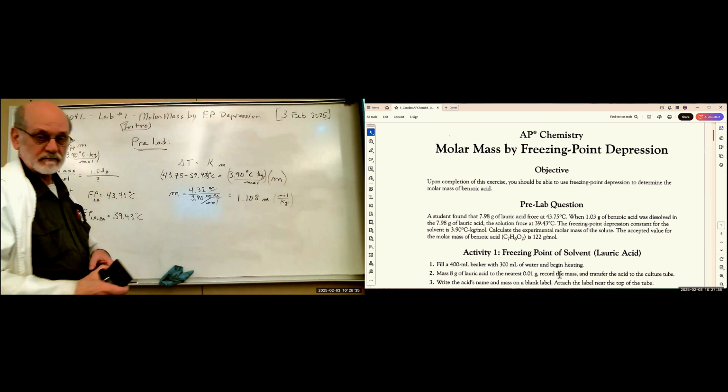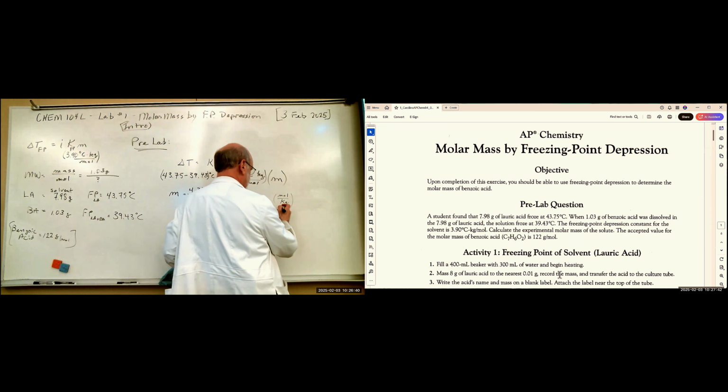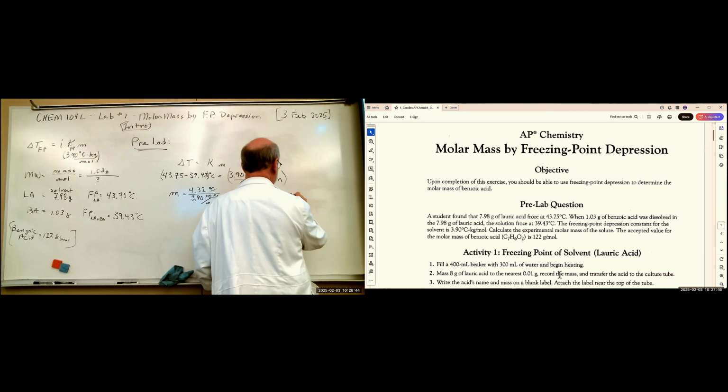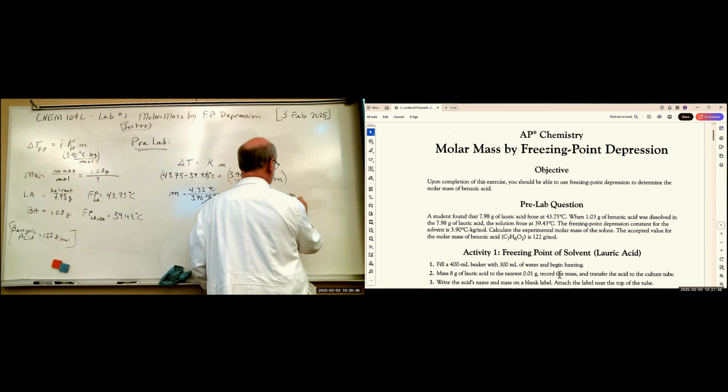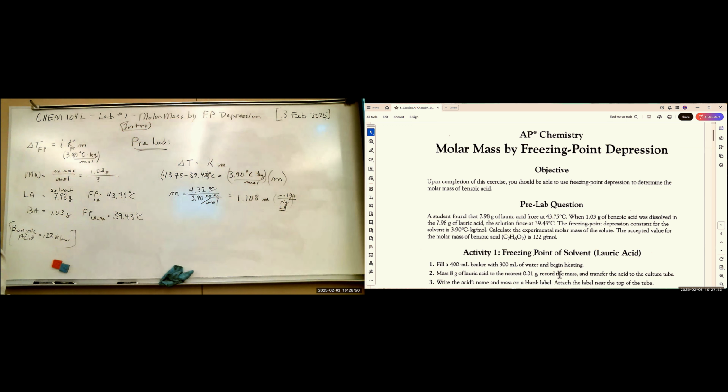That is the same as moles per kilogram, right? Well, this is kilograms of lauric acid, and this is moles of benzoic acid. So if we multiply that times the kilograms of lauric acid, we get the moles of benzoic acid. Lauric acid is 7.98 grams.